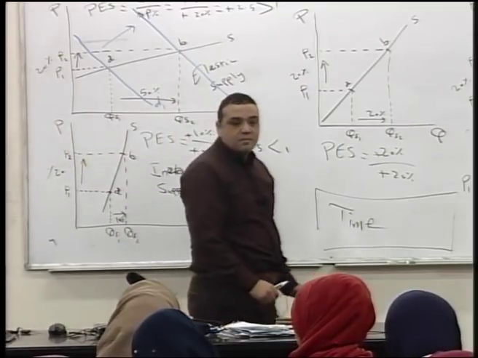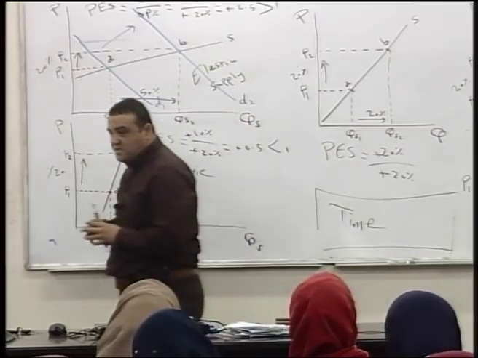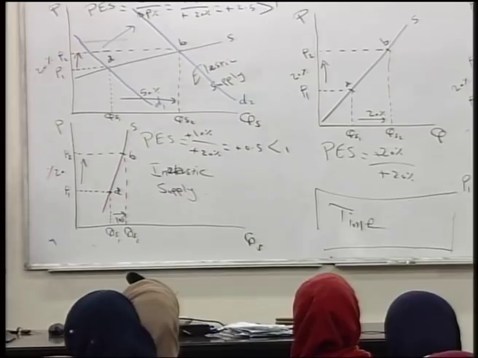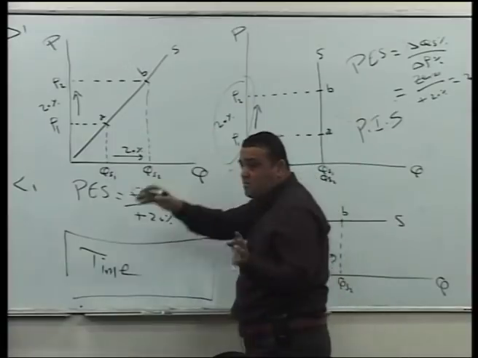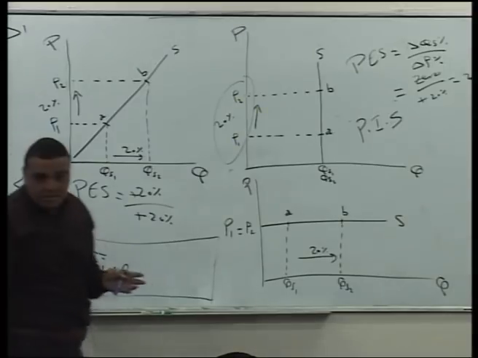Which means in the very short period of time, if the price goes up by 20%, let us assume that we have a blocks manufacturing unit.